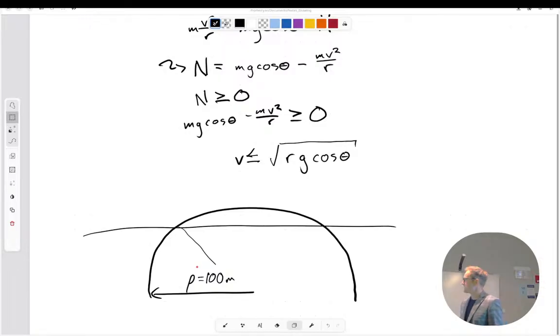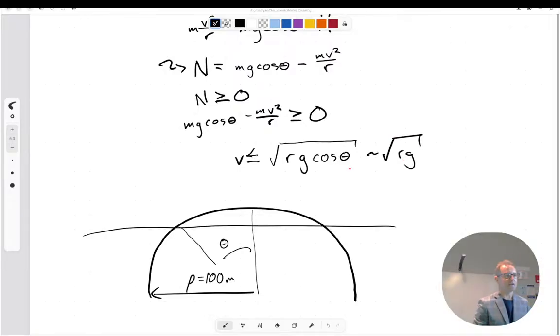So maybe it goes 20 to 0, then back to 20. Is it okay to call it a small angle then? What's a small angle for cosine theta? A 1? So we could just say this whole thing, square root RG, call it a day, right?